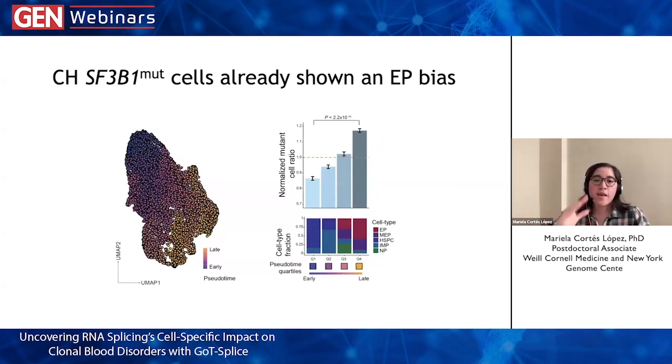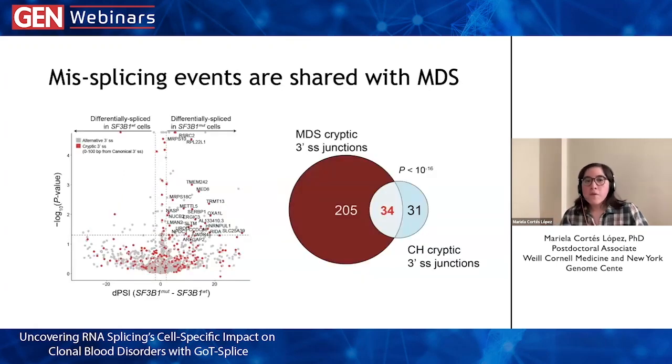So when we get an increase in the trajectory of differentiation, we also see an increase of the mutant cell ratio. Moreover, differential splicing genes affected in SF3B1 mutant cells also tend to be shared with the ones that we observed in MDS.